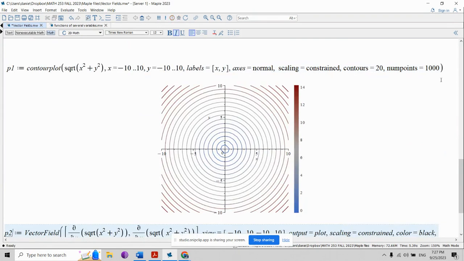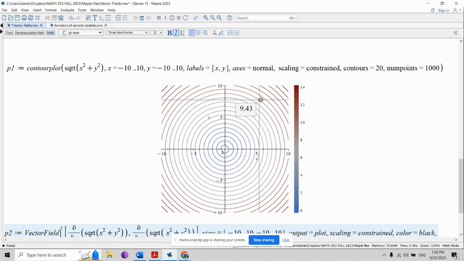Remember, the contour plot will give you the level curves. These are the curves of a given value. You have the scale here nicely: the redder the curve, the higher the value is. If you hover over the level curve, it will give you the value as well. For example, this circle here is the curve for which the function is equal to 9.43.